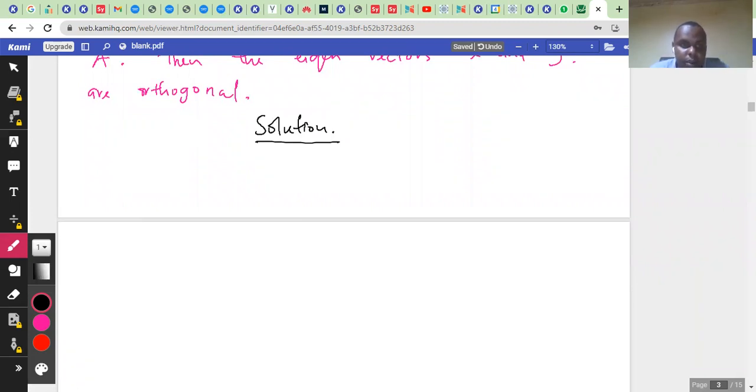So we first note that. The notes are the information that we are getting from the question. Since we have an E pair, we must have that A multiplied by the vector x is equal to lambda multiplied by the eigenvector x.